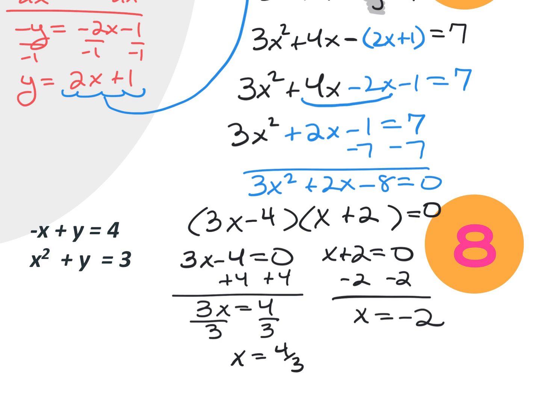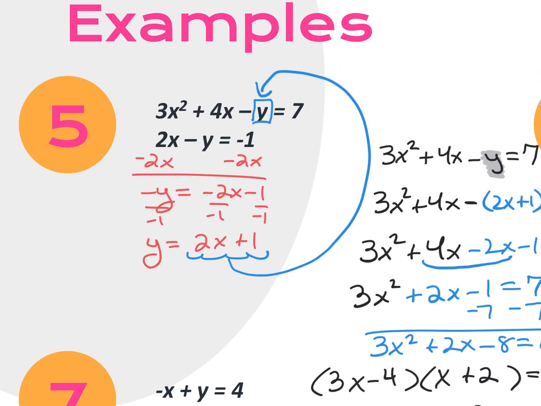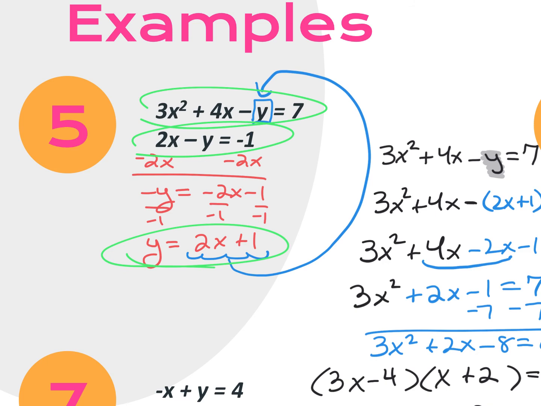Now remember, our solutions are ordered pairs. I'm not just looking for x. So now remember, we need to take both of these x values and plug them back in to the original. You can choose. Again, I'm going to choose the linear. You can either choose this one or this one. Just to stay consistent, I'll plug it into the second one here.